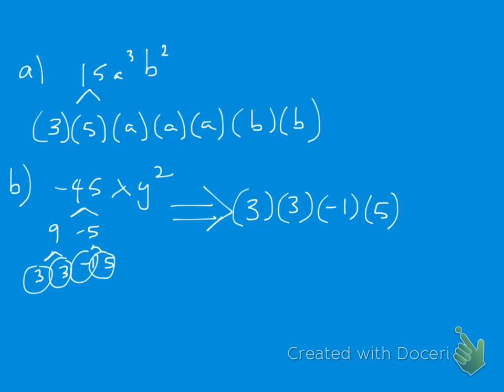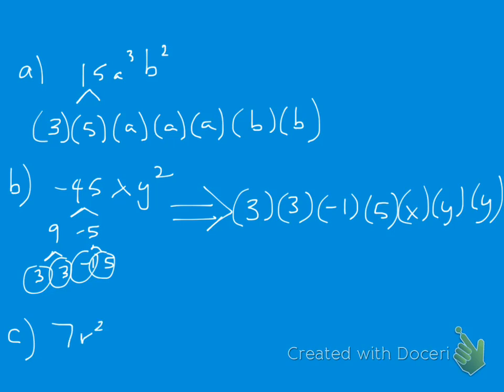And then what's next? Times x times y times y. Any questions on that? That's your answer for this. And again, this is a very brief, we won't do this very often kind of deal.